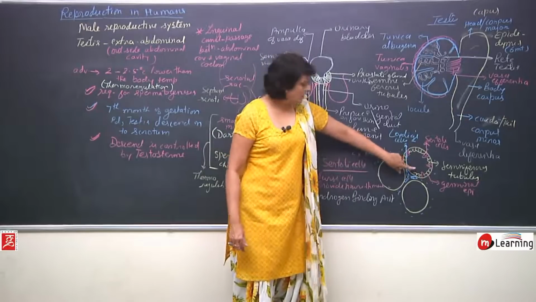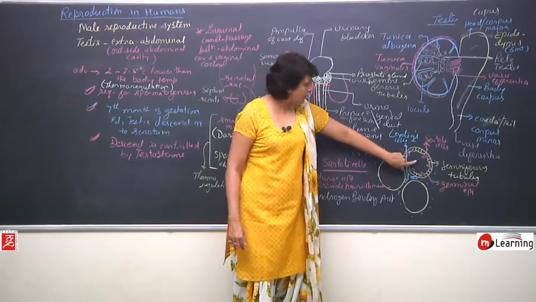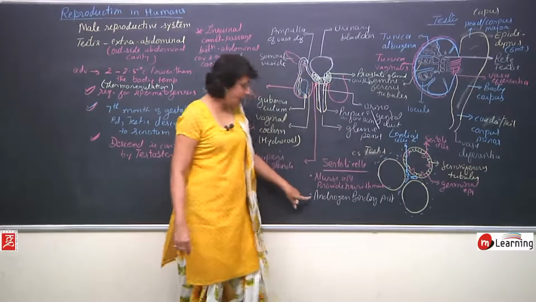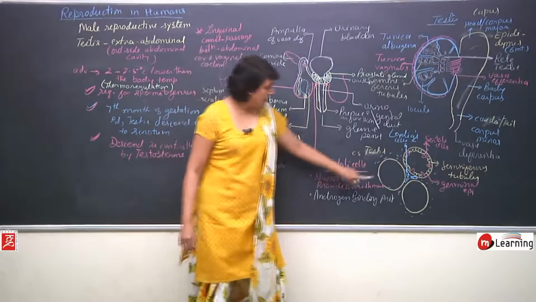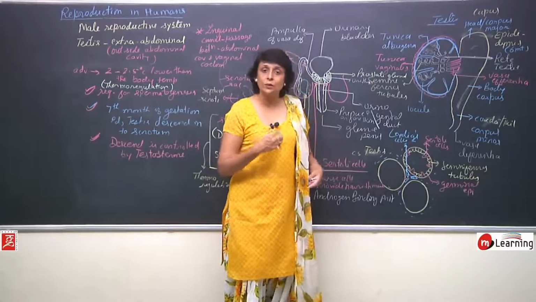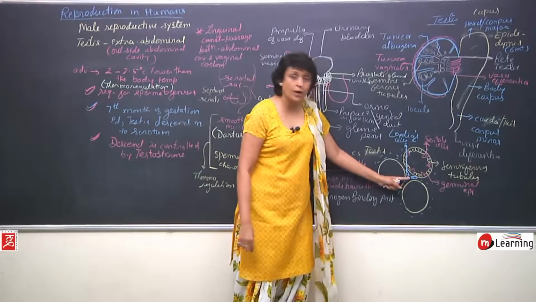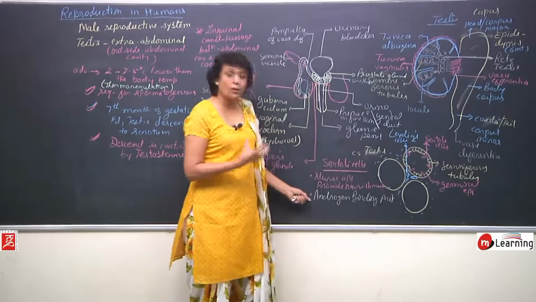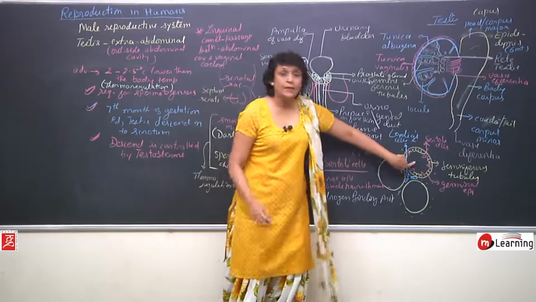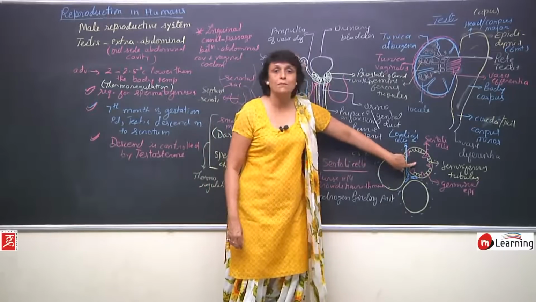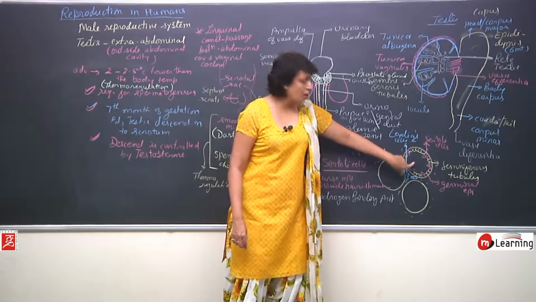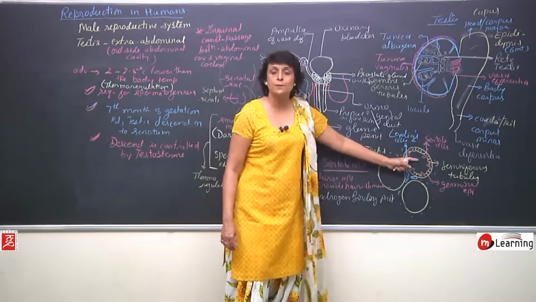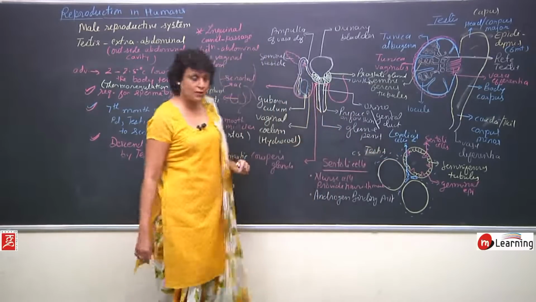So, the hormone, testosterone, is required inside, but it is produced outside. So, these androgen binding proteins will help in binding with this testosterone. Testosterone, which is produced by the Leydig cells, will move in, and these proteins will bind to it, so that the concentration of testosterone can be maintained very high. That concentration is required for spermatogenesis, which takes place inside the seminiferous tubules.